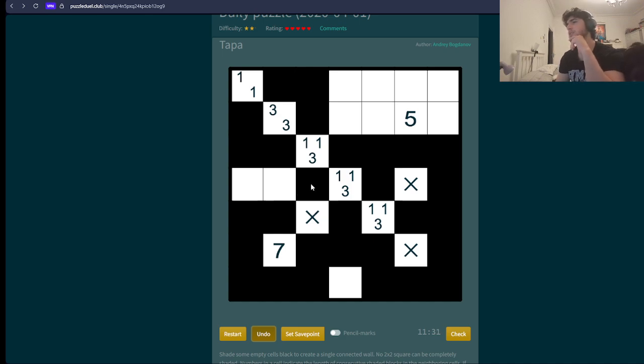Well, yeah, here's the thing though, because this black cell is going to be isolated if this isn't shaded in. Because neither is this. So this kind of has to be shaded in, actually. I just clocked.